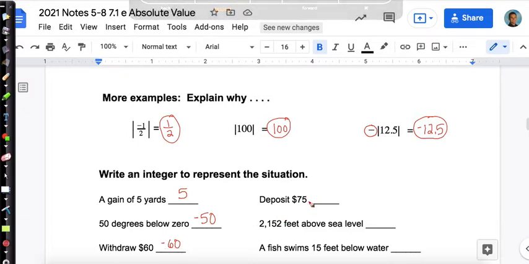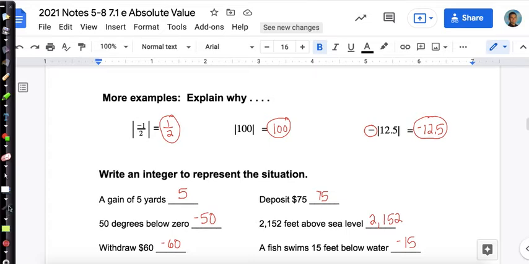A deposit of $75 would be positive 75 because your account is going up. 2,152 feet above sea level would be positive 2,152 because you're above sea level, and a fish swims 15 feet below water, that would be negative 15.